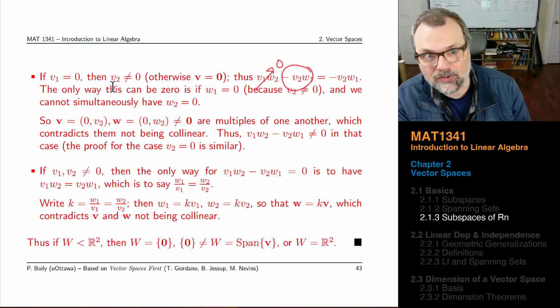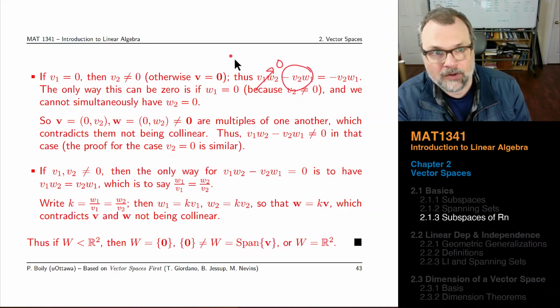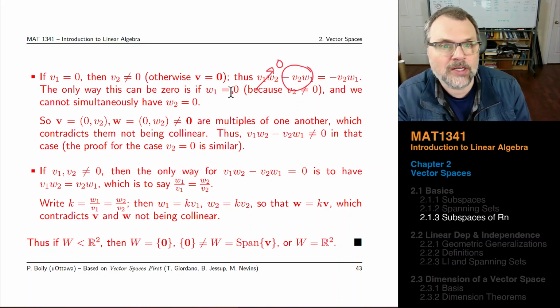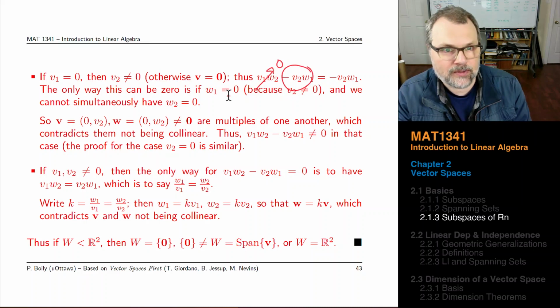Otherwise, the whole vector V would be 0. All right, so if W1 is 0, well, you can't have simultaneously that W2 is 0. So if V1 is 0, the only way for this expression to be 0 is if W1 is 0.